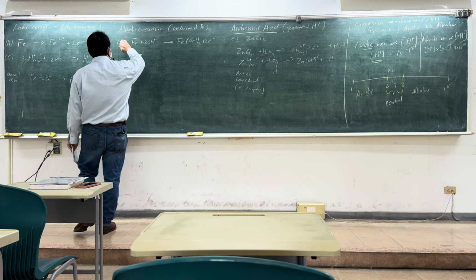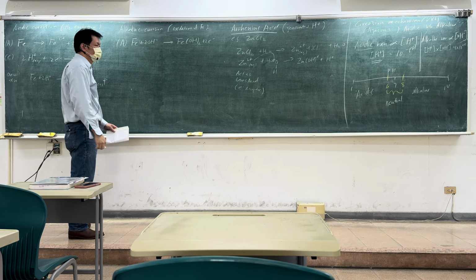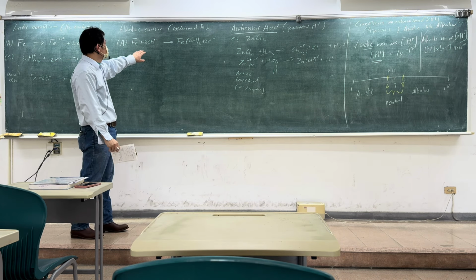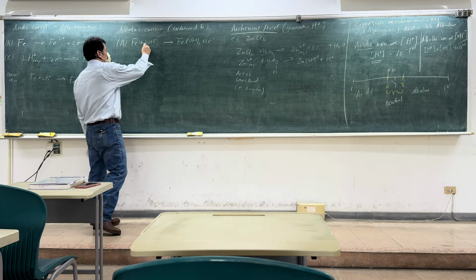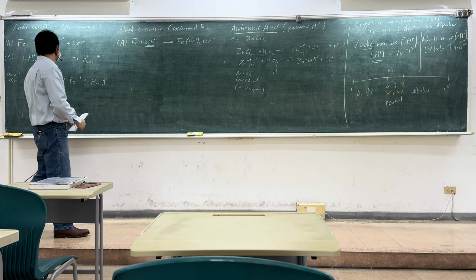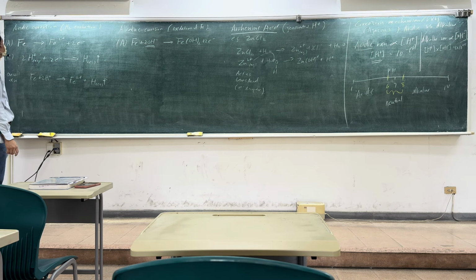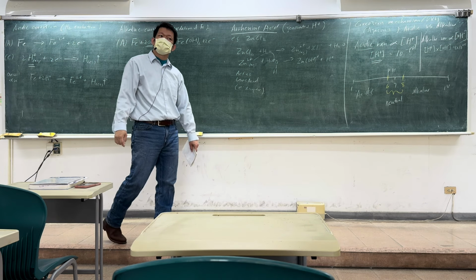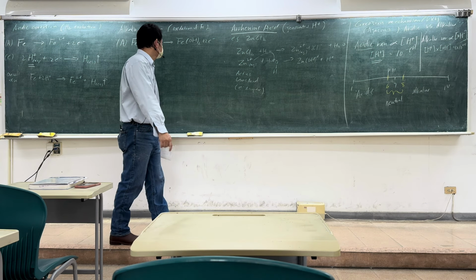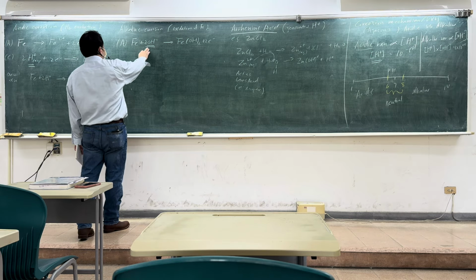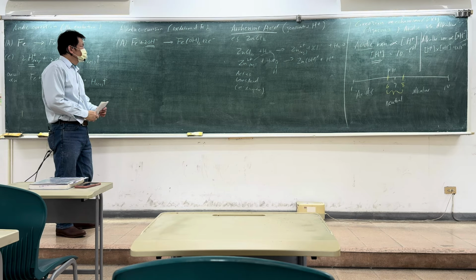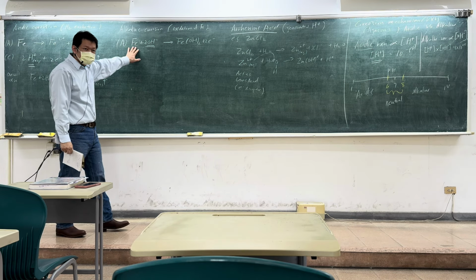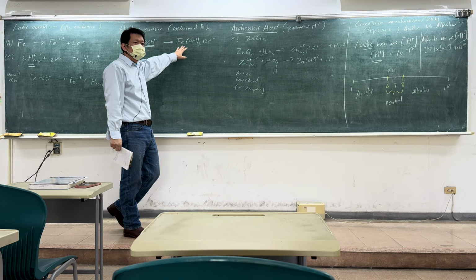So at pH greater than 8, we're in an alkaline environment, so there are a lot more hydroxides, whereas in the acidic environment, there are a lot more H+ protons in solution. Because there are more hydroxides in solution, the iron ions react with the hydroxide according to this reaction.